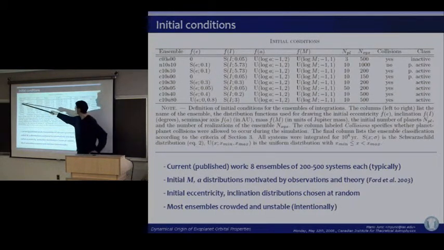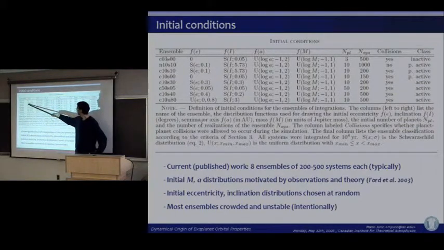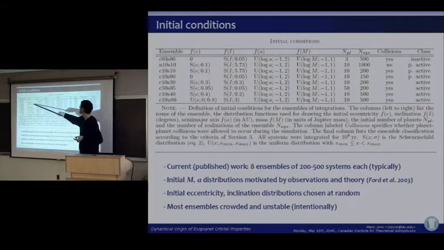In this ensemble, we generated planetary systems where each planetary system initially had 10 planets. We drew the initial eccentricities of these planets from a Rayleigh distribution, which is basically a 2D Maxwellian distribution with sigma of 0.1. So approximately the peak is at about 0.1 eccentricity.